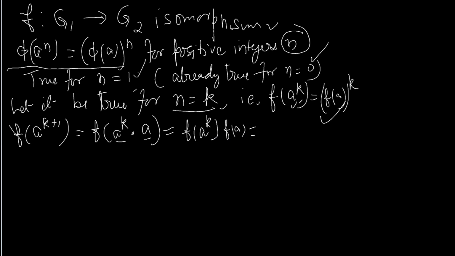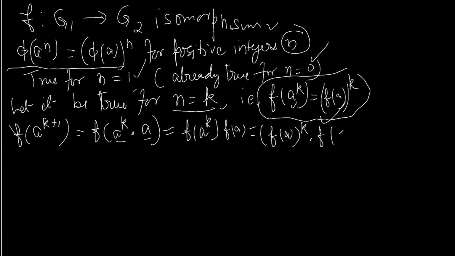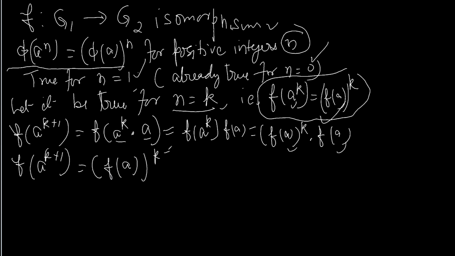And remember from our inductive assumption, f(a^k) is the kth power of f(a), then times f(a). So f(a^(k+1)), if we multiply these two, will again be the power k+1 on f(a).